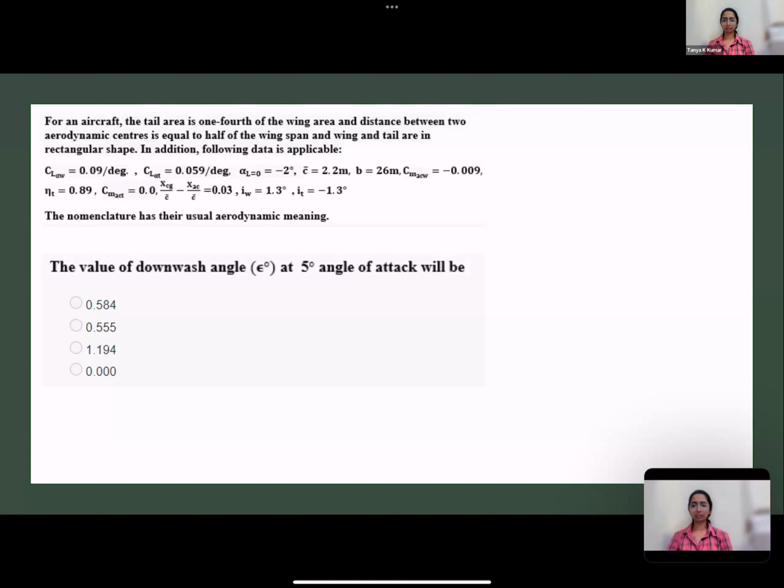What was downwash? What was the cause of downwash? Tell me something about downwash.